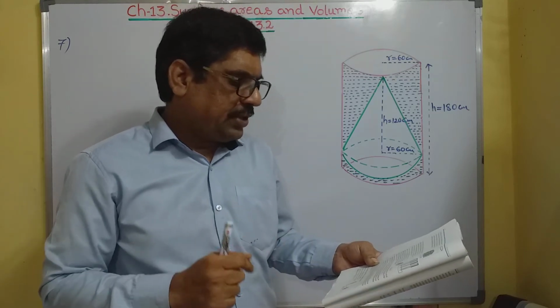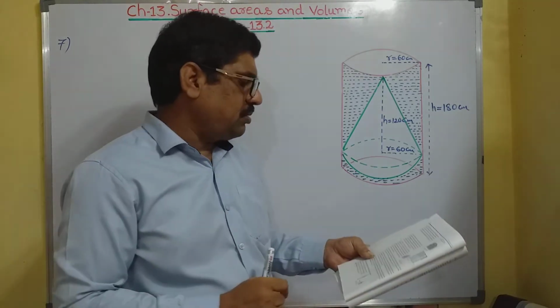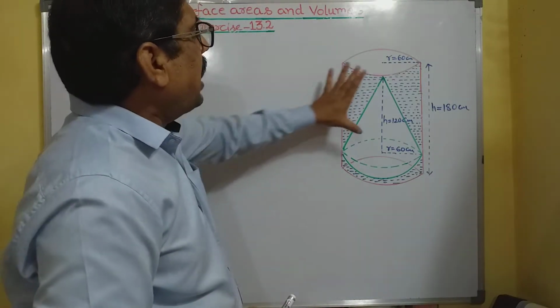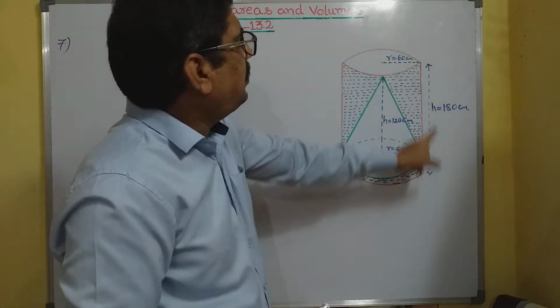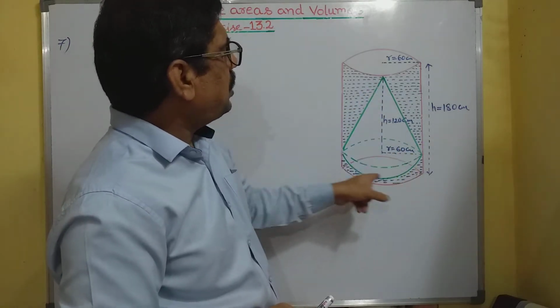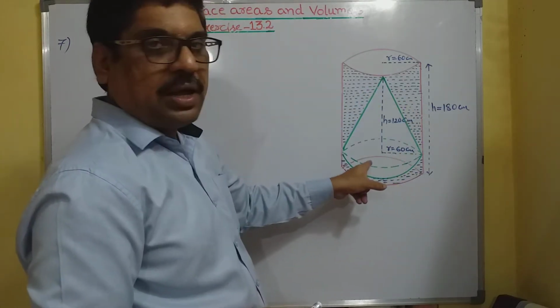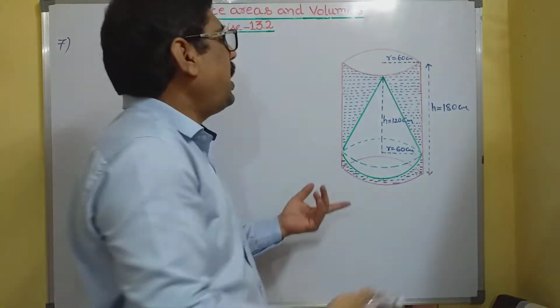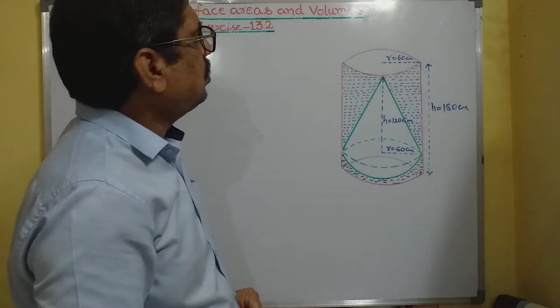He has given the radius of the cylinder as 60 centimeters and the height as 180 centimeters. Here you have to observe that the heights of the cylinder and the solid, which is in the green color, are not the same. So the height of the cylinder is more than the height of the cone.